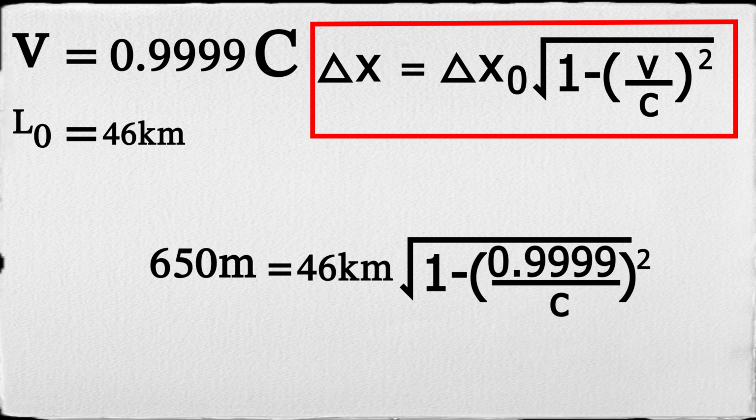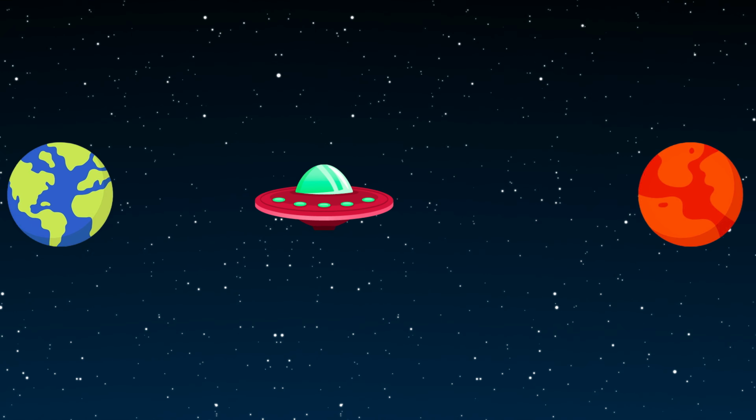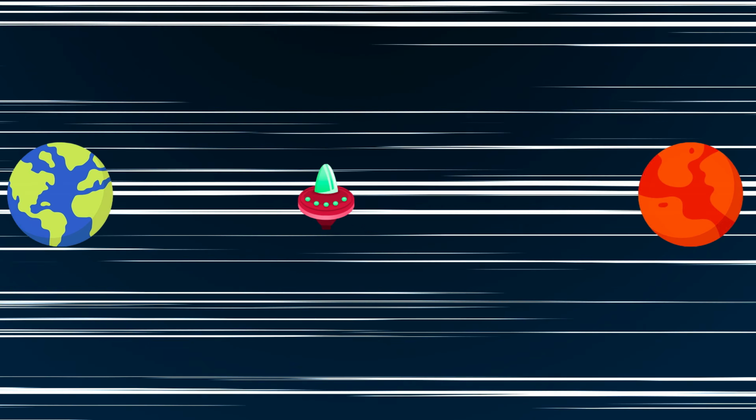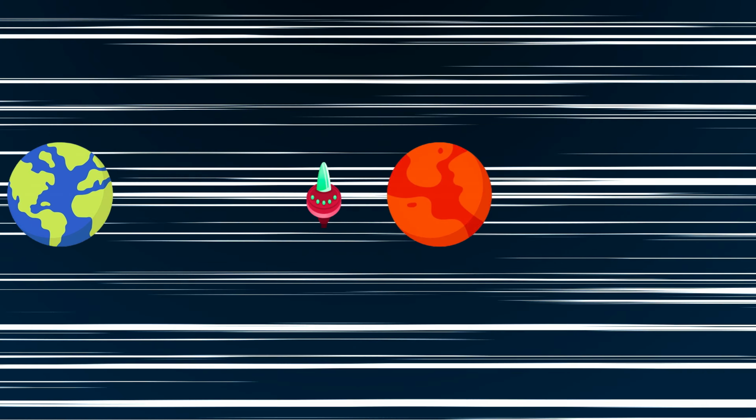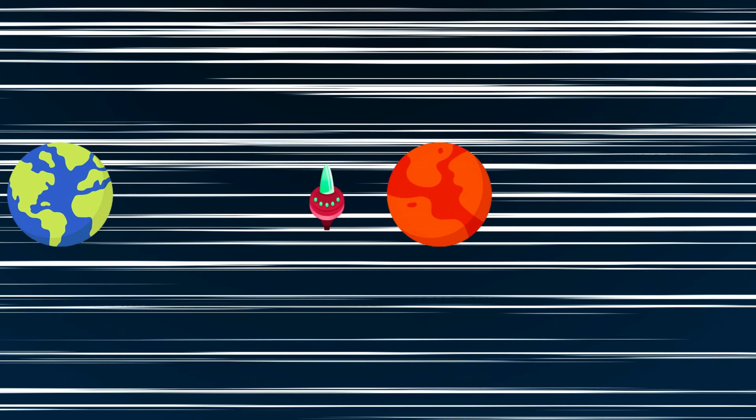It comes out to 650 meters, meaning that from the muons' perspective, not only do they live for 2.2 microseconds, but the distance from the upper atmosphere to the Earth's surface is only 650 meters. So, not only is the length of an object shortened while it's moving, but the distance from the moving observer is also shortened. Now, are you ready for the quiz to test yourself?